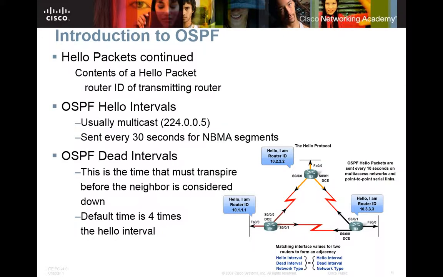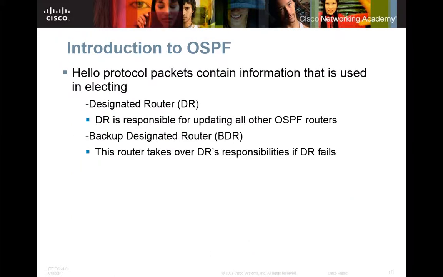What do you think? Well, the designated router is going to probably get the packets by default, and that router would fail over to the backup router. Very good. Designated router is responsible for updating all other OSPF routers. If it fails, you have the backup.